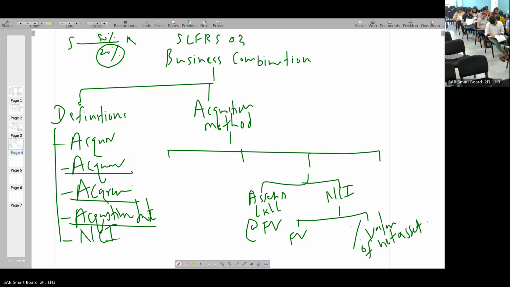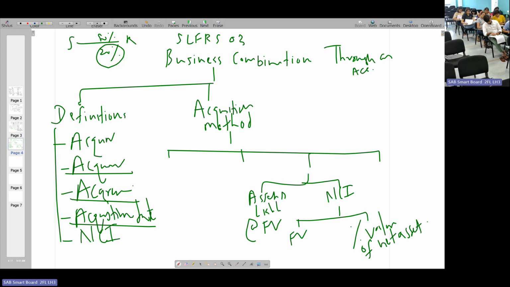Then the last one you have written: recognize goodwill or bargain purchase. There are two methods of calculating it. Number one, through an account.